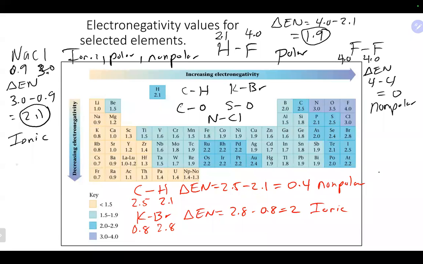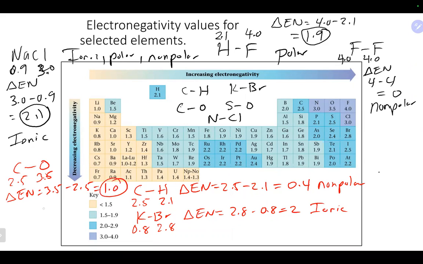Let's do carbon oxygen next. Carbon, once again, is 2.5. Oxygen there is 3.5, I believe. Once again, the difference in electronegativity would be 3.5 minus 2.5. That looks like a 1.